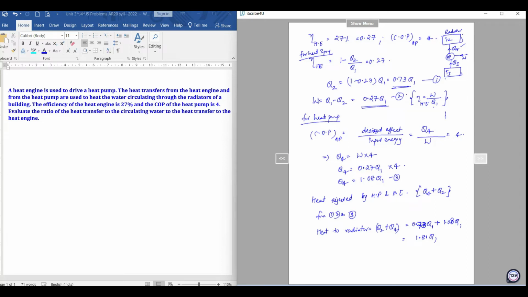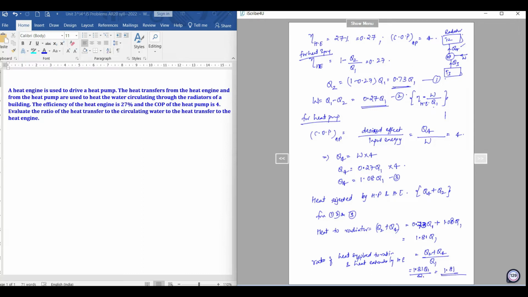To find the ratio of heat supplied to the radiator and heat extracted by the heat engine. That is Q2 plus Q4 by Q1, which equals 1.81 times Q1 by Q1. So this is equal to 1.81.